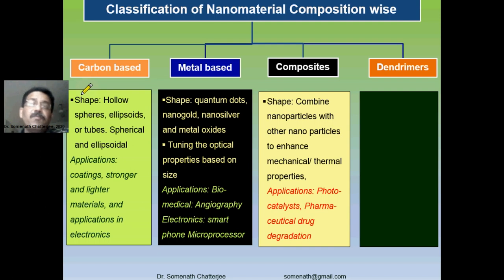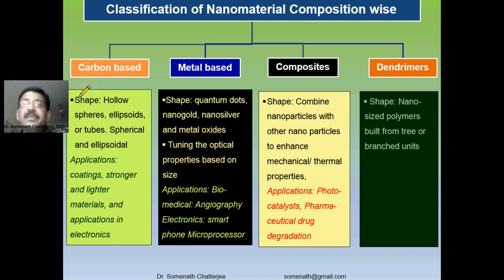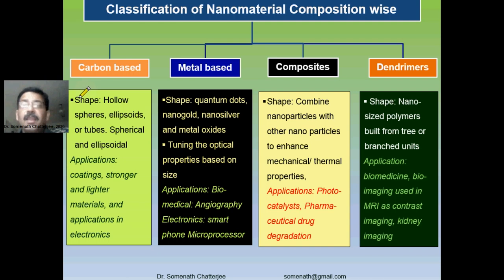Also for photocatalysts and pharmaceutical drug degradation, we can use composites. And dendrimers are basically nano-sized polymers, built from tree or branched units, with applications in biomedicine, bioimaging, used in MRI, and also kidney imaging. So this is the composition wise nanomaterial classification.